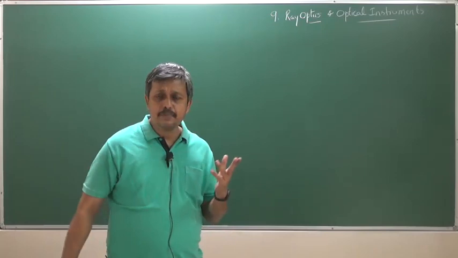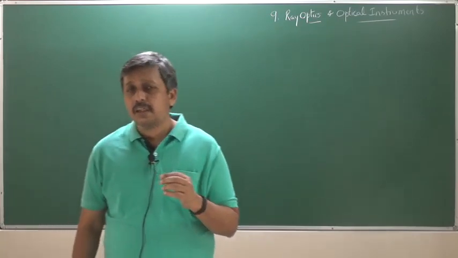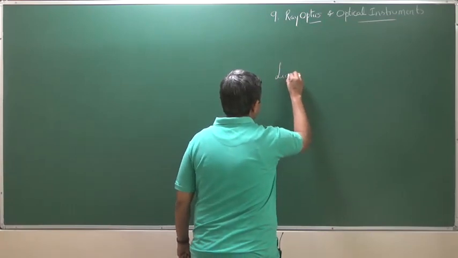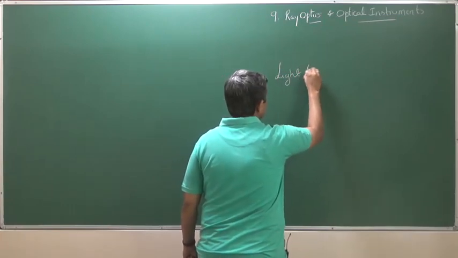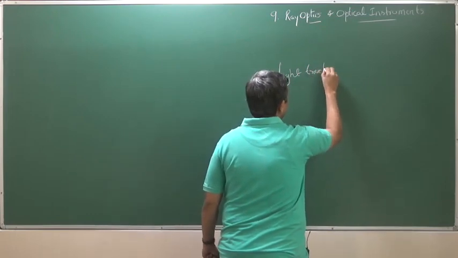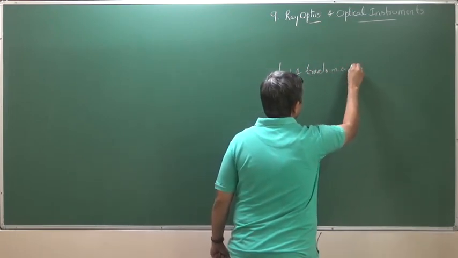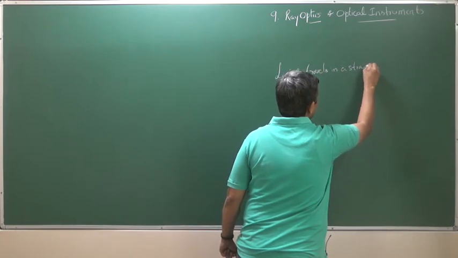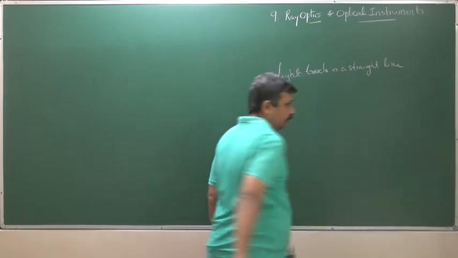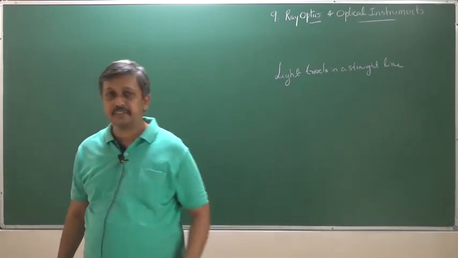Now the first statement that I am going to make is, light travels in a straight line. This we have learned from, let us say, 5th standard.